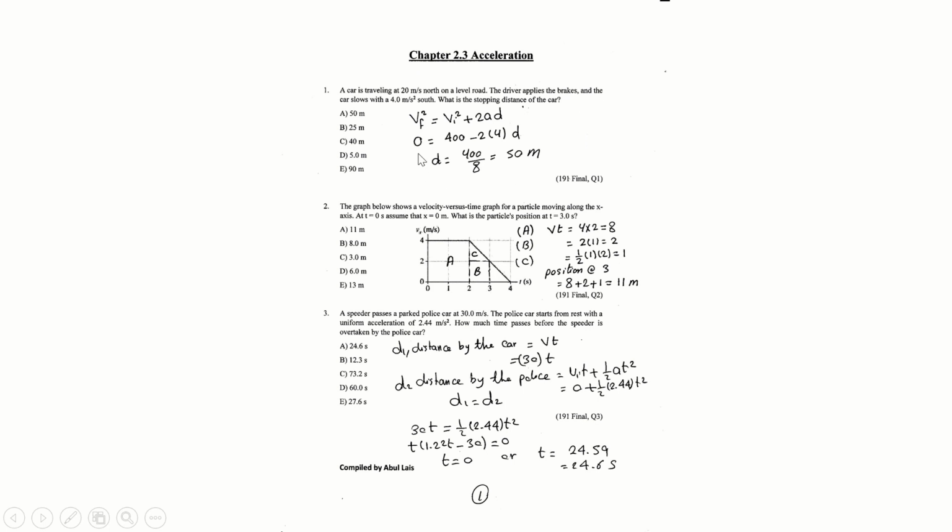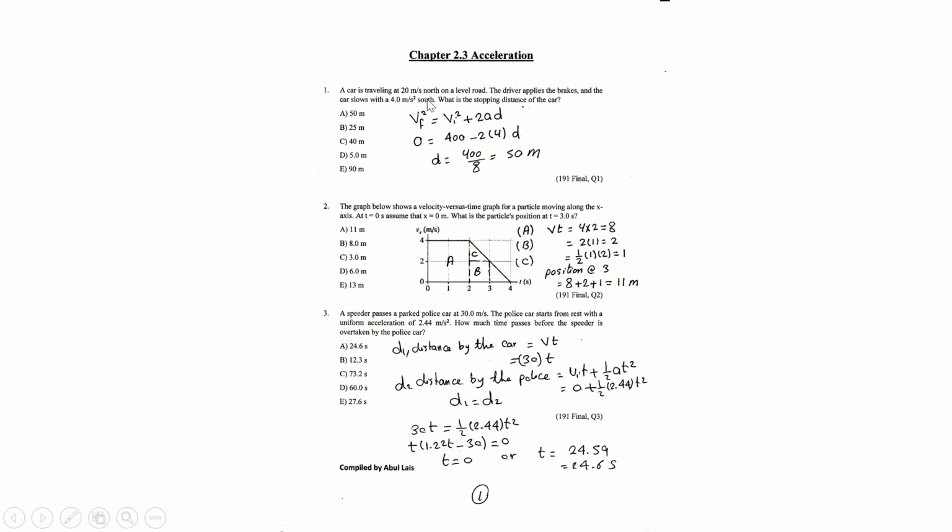So all I have to do is put the final velocity equal to 0. The initial velocity is 20, and 20 squared means 400. Then I have 2, the acceleration of 4 meters per second squared, and then d. But you have to be careful, you must use a negative sign here. Why?